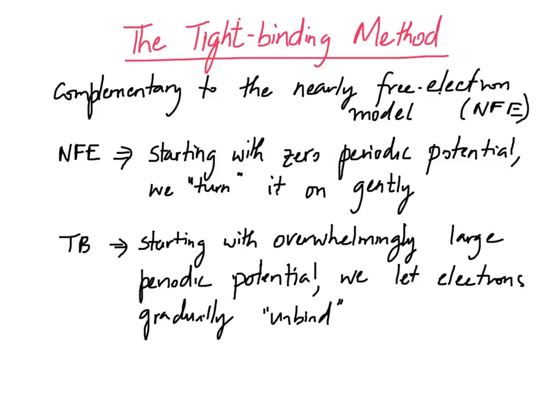The two approaches, the nearly free electron and the tight binding approaches, will converge to the same sort of results in the end as long as we have a sufficient number of terms, which are also called basis functions, in the series representation of the wave function. What do we mean by that?